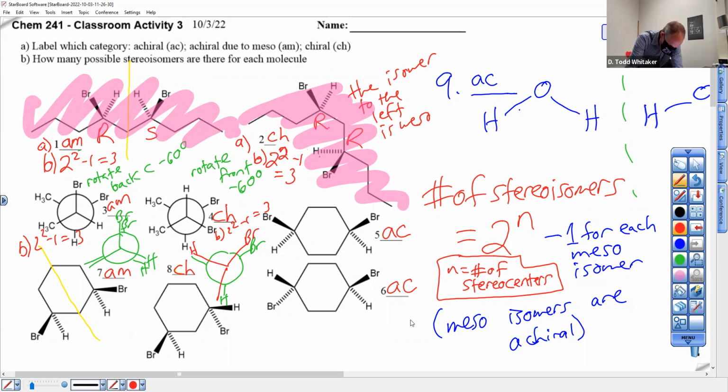These are a pair, A, B. A pair of cis-trans geometric isomers. You know what that means, right?